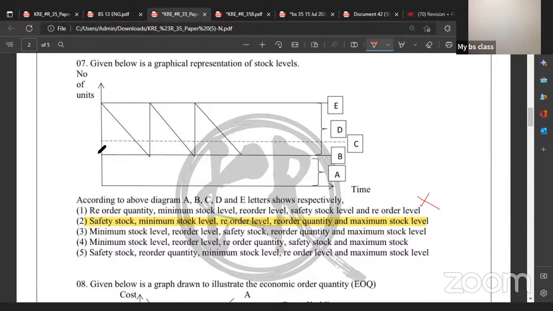Because they are talking about the level here, B is a level and A is a quantity, right? So I'll go with the safety stock. So we can remove the third and fourth options here. We are left with the 2nd and 5th.